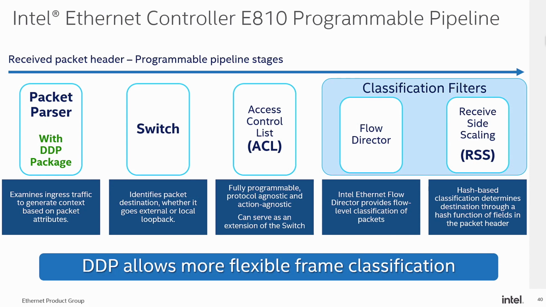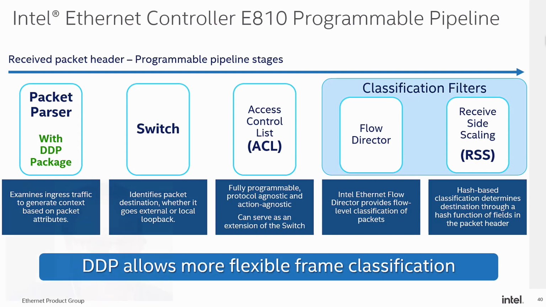I like to think of the parser block as a parse graph, kind of an if-then type parse graph: if this Ethernet frame type, then skip this many header bytes or bits and look at this header field. If this header field has this information, then you may want to skip more bytes to extract more header fields. So it is where the frames are identified and classified, and that's where the DDP package really resides, in the parser block.